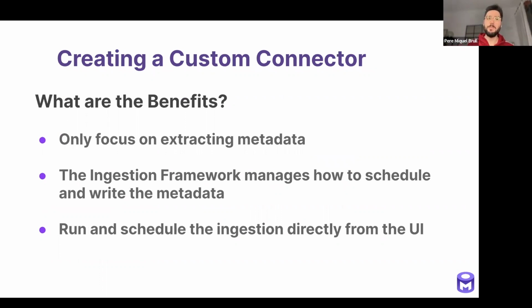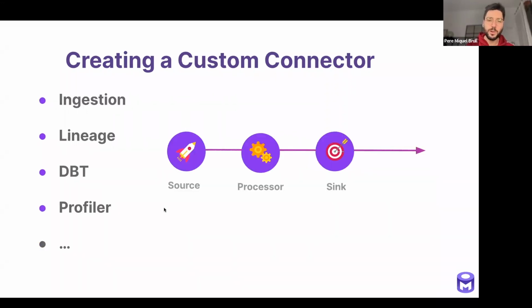So the main benefit of creating a custom connector is that we are only going to be working on the source part. We don't care how this information then flows internally, step after step, how the API is called to send all of these metadata objects into OpenMetadata. We don't care about that. We just need to focus on this first piece here.